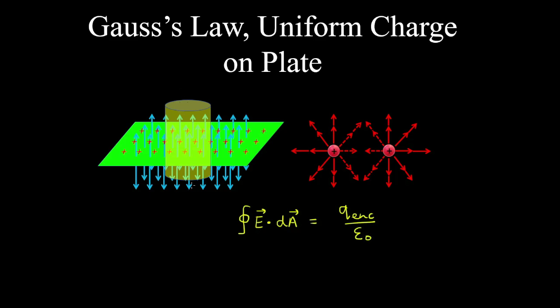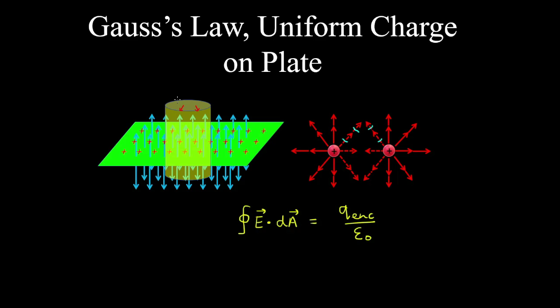If we take a cylindrical surface that's sufficiently away from the edges of the plate, then we see the electric field vectors due to the neighbouring charges cancel, and that results in a net electric field in the vertical direction. So there's no electric flux through the surface in the radial direction.